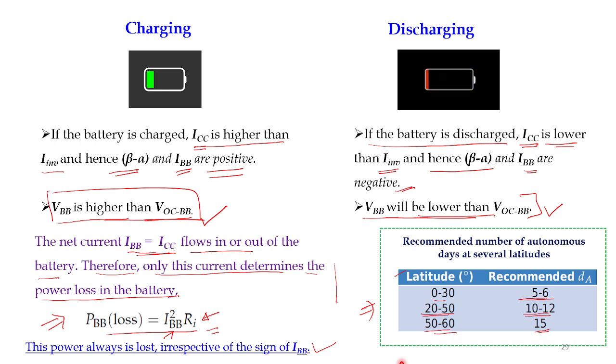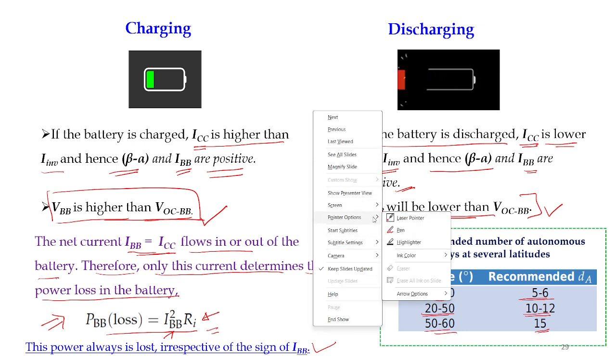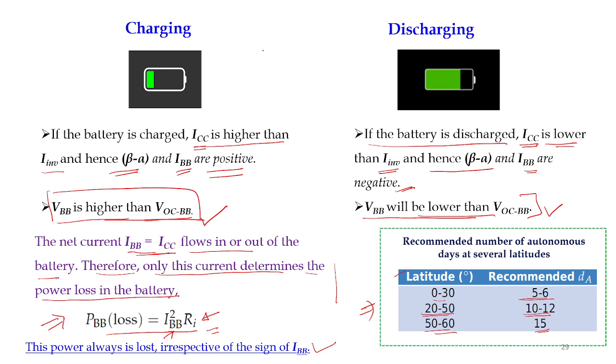So to conclude, during charging what happens is, so this is basically your PV system, and this is your charge controller. From here you go to the battery, and here is your inverter, and it goes to your load, right?